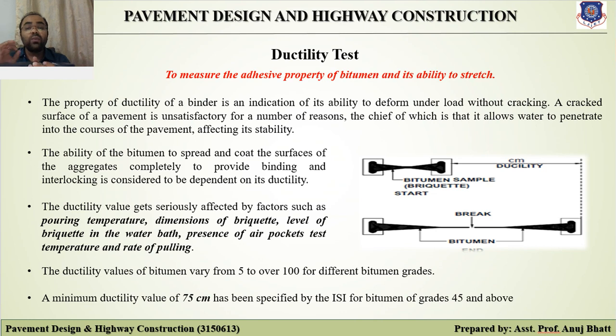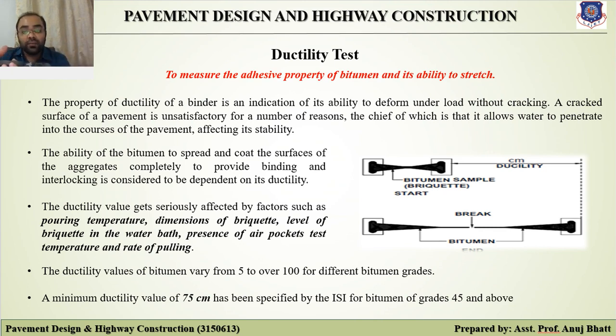Then it goes into a water bath maintained at 27 degrees Celsius. That sample you have to put in the water bath which has maintained the temperature of 27 degrees Celsius. Now the excess bitumen material is cut as you have poured the material.